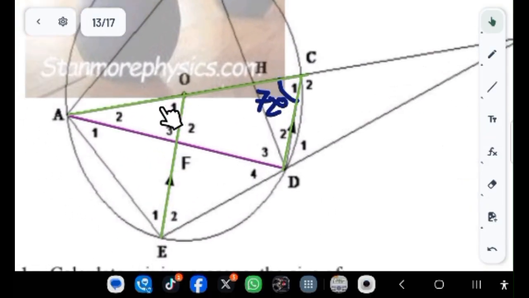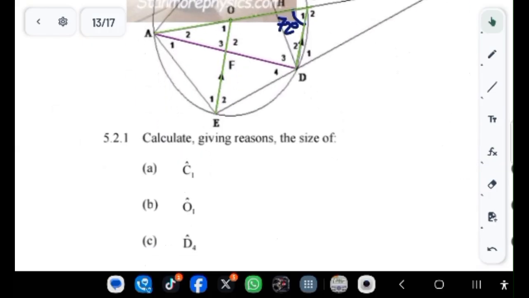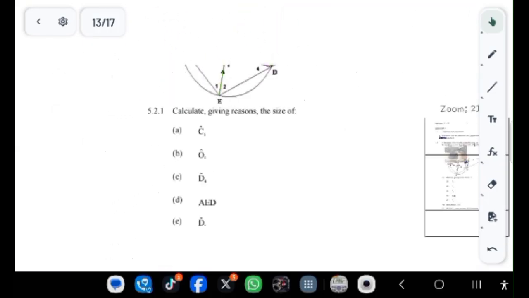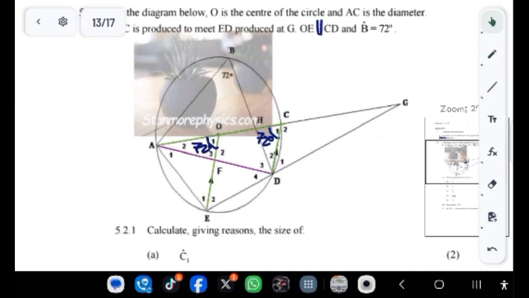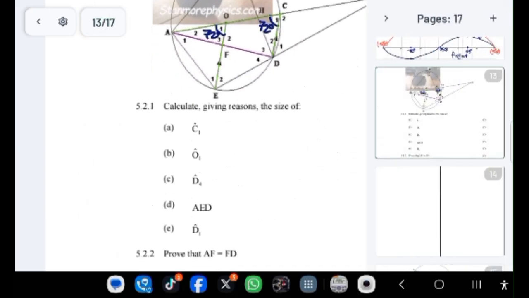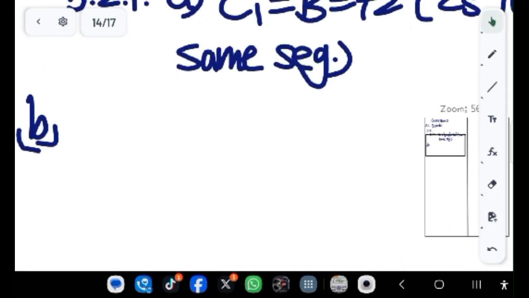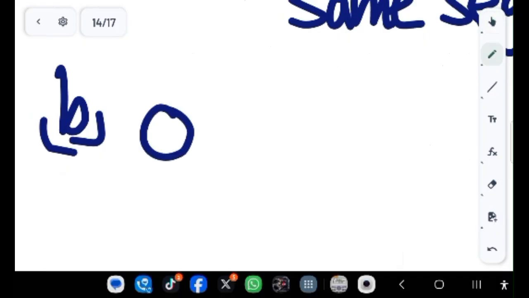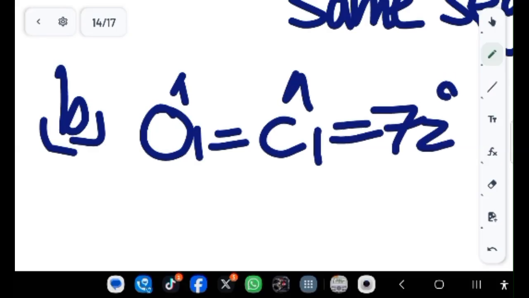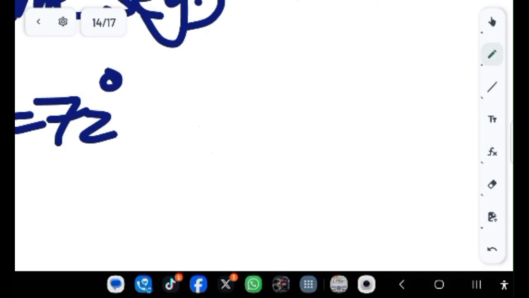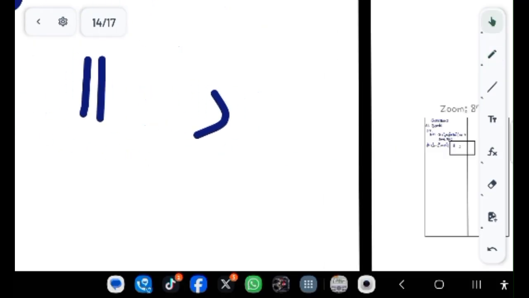For these two, O1 and C1 form corresponding angles, 72 degrees. Angle O1 equals angle C1, both equal to 72 degrees, and the reason is those two parallel lines, corresponding angles.